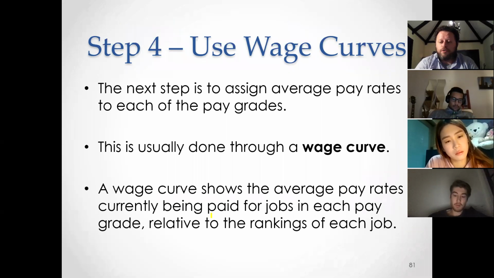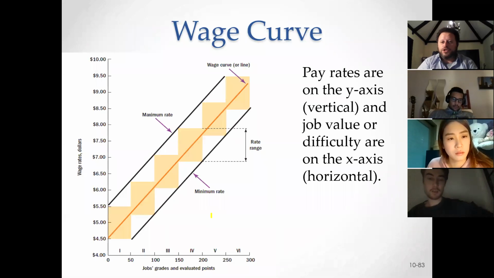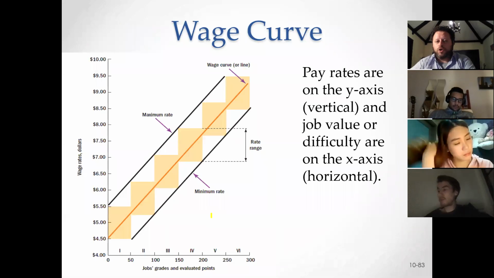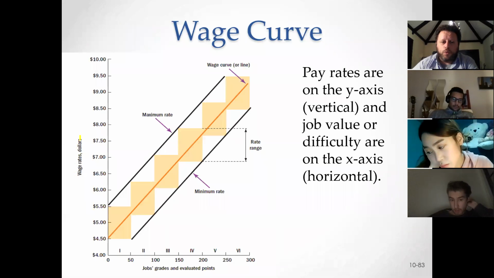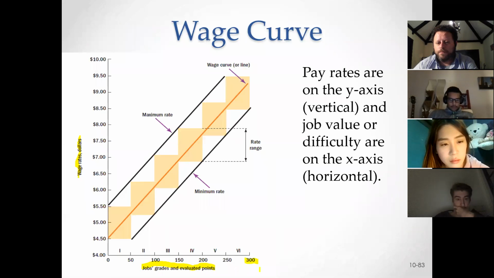And the wage curve will look something like this. I'll come back to the definition in a second, but this is what a wage curve would probably look like. Here we have the wage in dollars, and here we have the job grade based on the point system. The maximum points you could have at our company is 300.